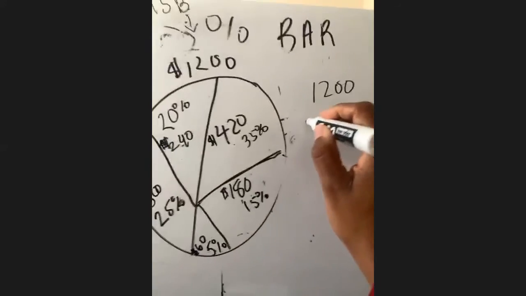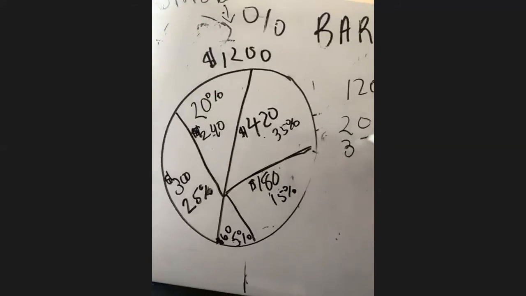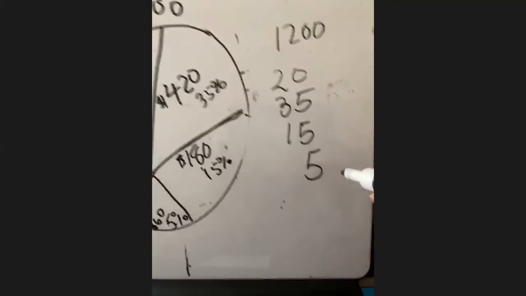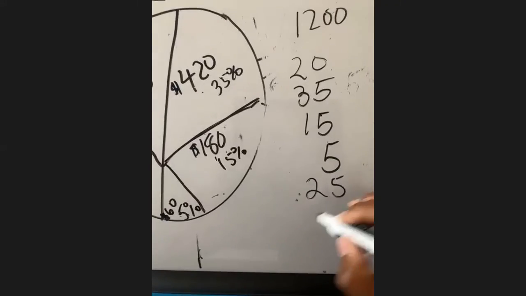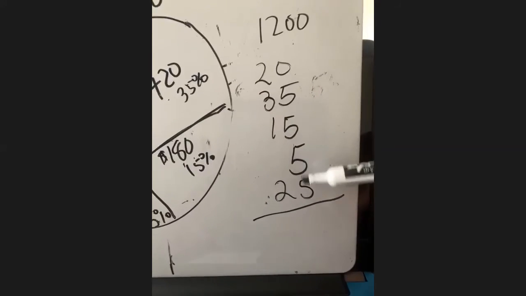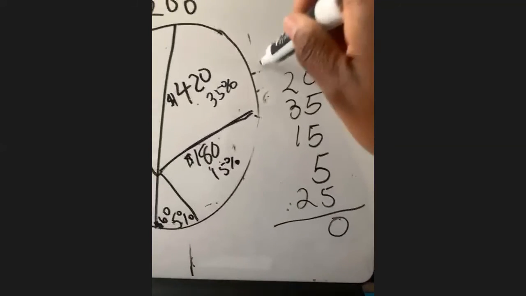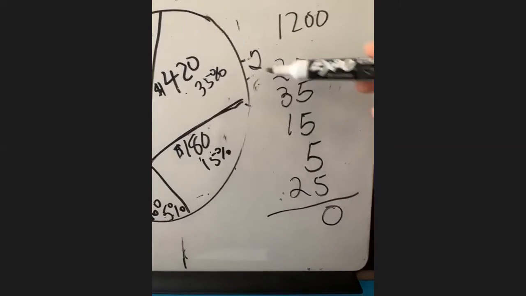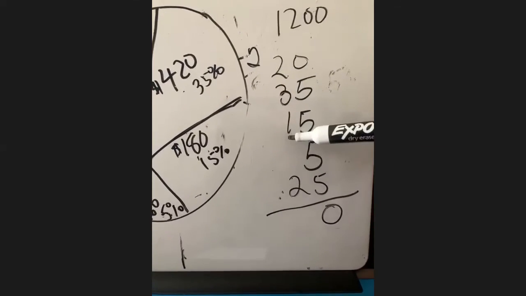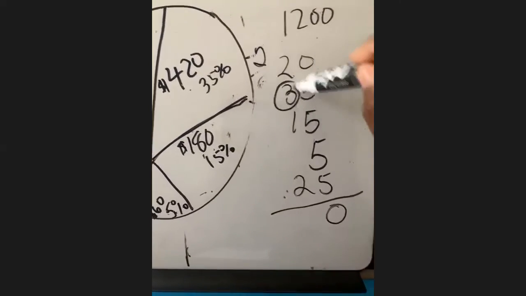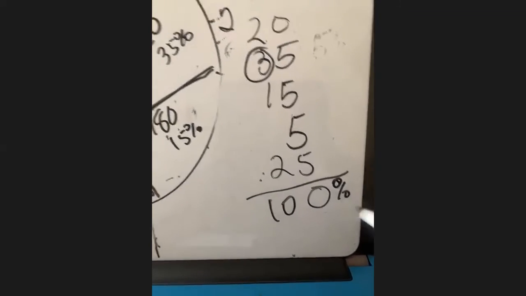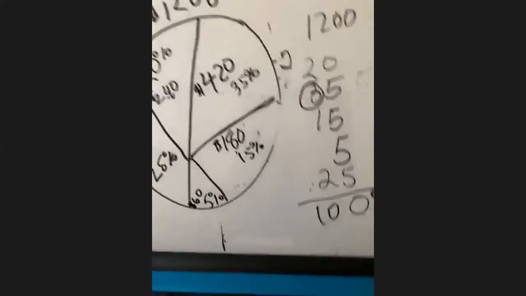So we got 20, we have 35, we got 15, we have 5, and we have 25, right? So we got 5, 10, 15, 20, carry our 2, and then we have some 10s here. We got 2, 4, 6, 7, and then we got 10 with the 3, which gives us 100%. So we spent all our money using the percent bar.